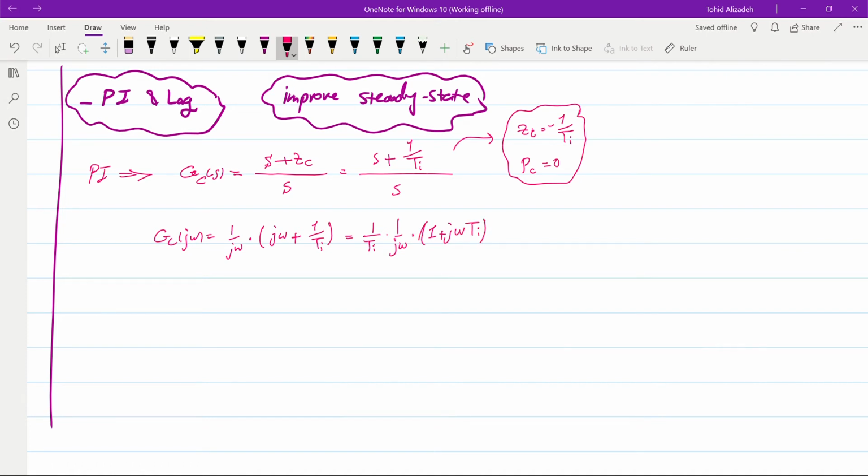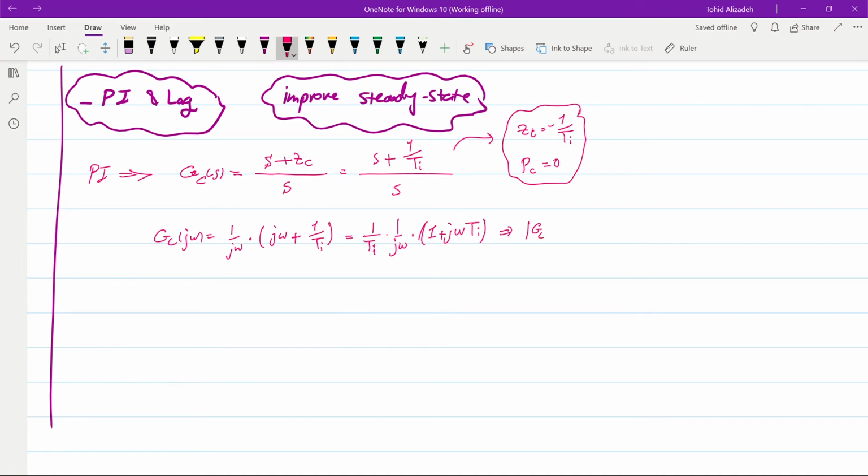And again, we have the zero at the same location, minus 1 over Ti, and the pole at the origin. And we are now ready to draw the amplitude plot and phase plot for this controller.